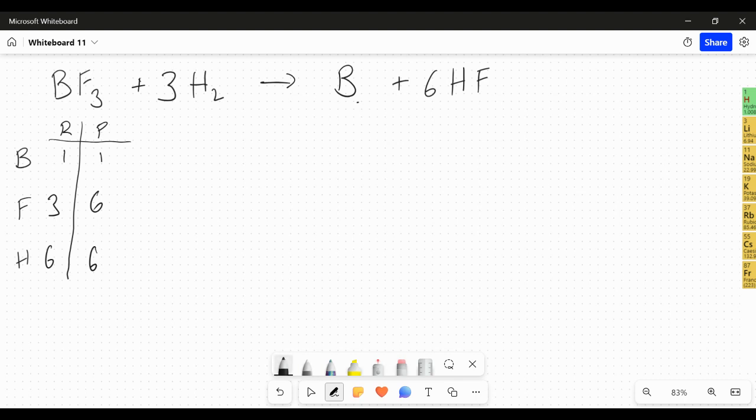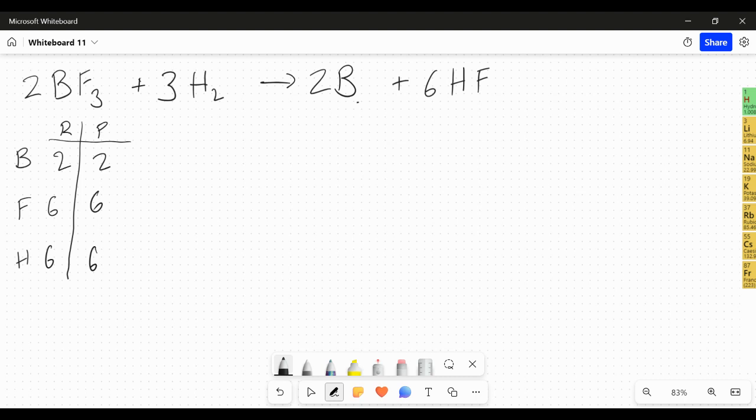Each BF3 gets me 3 fluorines, so I need 2 of those to get to 6. But that also changes the amount of boron. I now have 2 borons. Now, because I left boron by itself on the right-hand side, I can just change this and it'll be balanced. So there's 2 borons on the left, 1 on the right. So let's make this a 2. And now we are balanced. Okay? So we've got a balanced chemical equation.